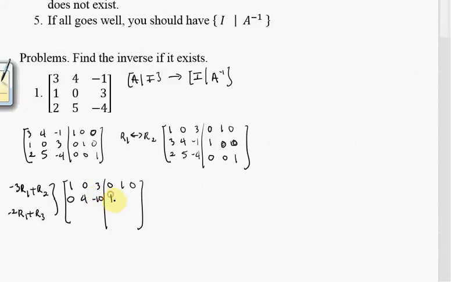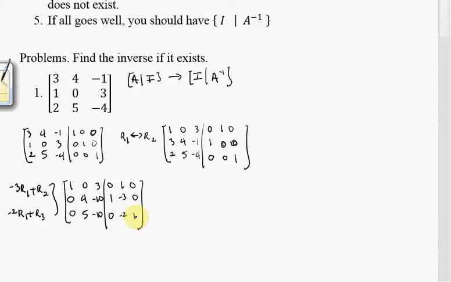We get 1 there, negative 3, 0. Here we get 0, negative 2 times 0 is 0, plus 5 is 5. Negative 2 times 3 is negative 6, minus 4 is negative 10. Then negative 2 times 0 is 0, plus 0 is 0. Negative 2 times 1 is negative 2, plus 0, we get negative 2. Negative 2 times 0 is 0, plus 1, we get 1.